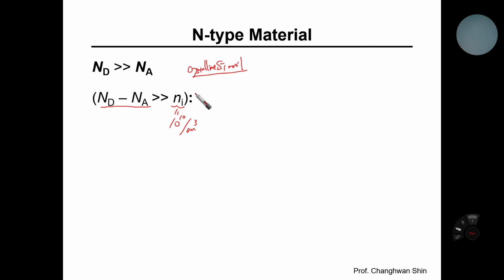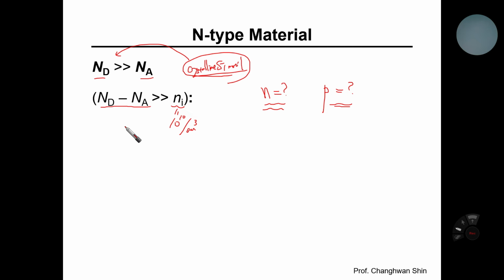Okay? So in this case, what is the electron concentration and what is the hole concentration in this specific silicon material with donors and acceptors together? But the donor concentration is much higher than the acceptor concentration. The question is, what is the electron concentration? What is the hole concentration?